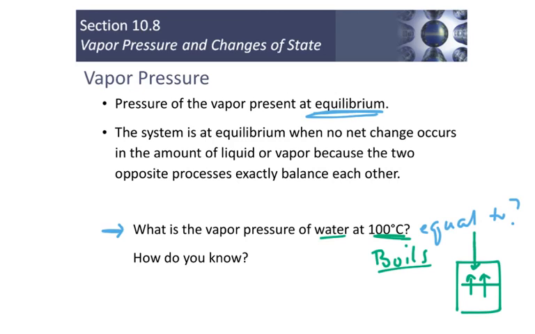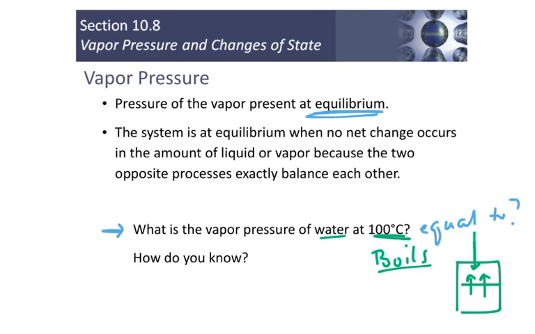Not really with freezing and melting just because that's solid and stuff like that, but it's at equilibrium. You have equal transitions from the liquid to the gas and the gas to the liquid at those phase changes. If you want it to be more on the gas side, you'd have to increase the temperature above 100 degrees Celsius. So at 100 degrees Celsius, there is an equilibrium between the pressure pushing down and the pressure pushing up.